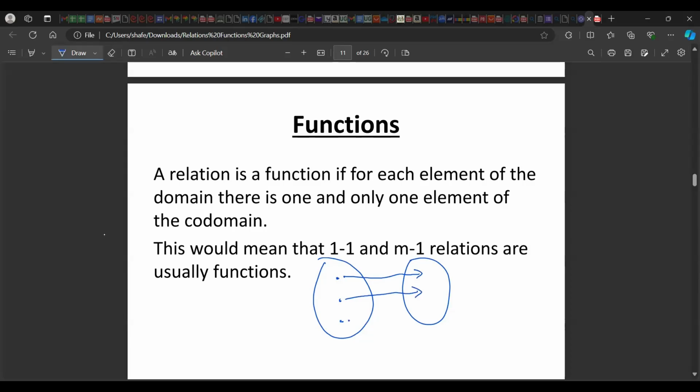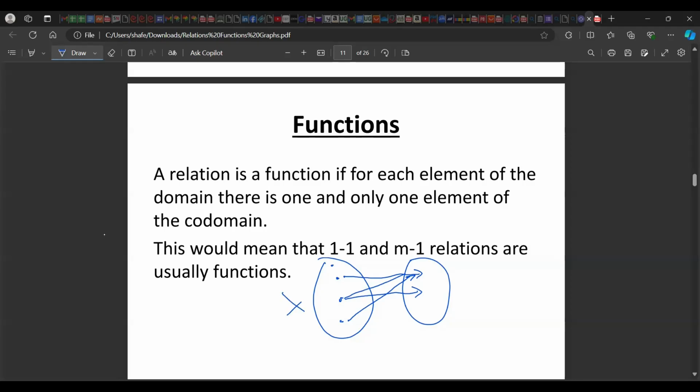You can have this arrow going there and all, but the main thing is that each element over here has to have an arrow leaving it. If you have an element there that no arrow is leaving it, no, you don't have a function, right? But if you have an element here where 2 arrows are leaving, no, that's not a function, right?